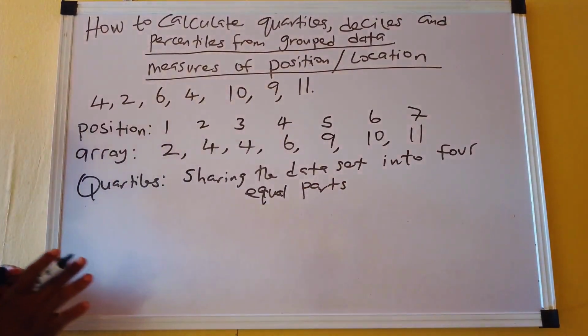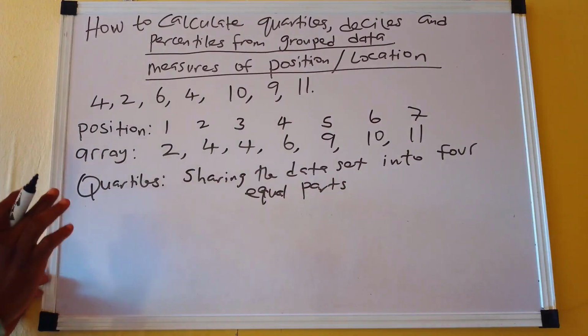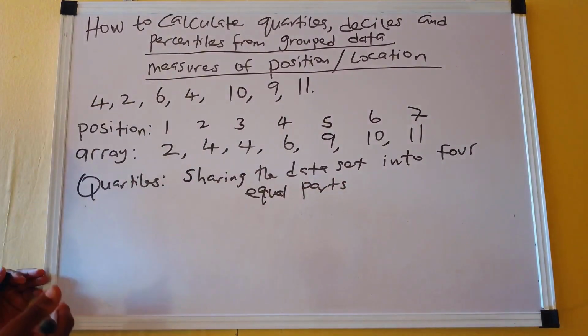That is what quartiles are. When you say 1/4 of a particular group, it means you are sharing that group into 4 equal parts. That is what it means.